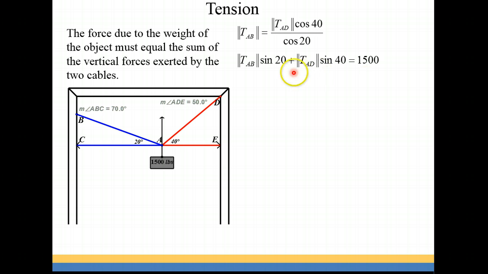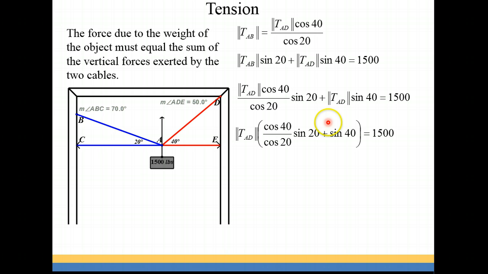So we're going to do a little substitution here with what we found on the last slide. We know that TAB is the tension in cable AD times cosine 40 over cosine 20, and we're going to substitute that in here. And then what we want to do is simplify this a little bit. So I factored out the TAD, and I'm left with cosine 40 sine 20 over cosine 20, plus sine 40.